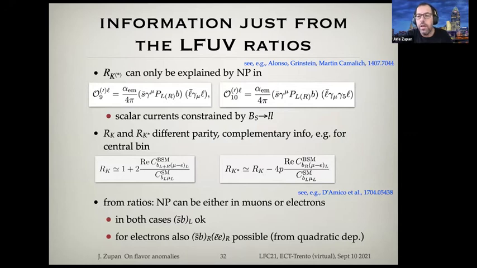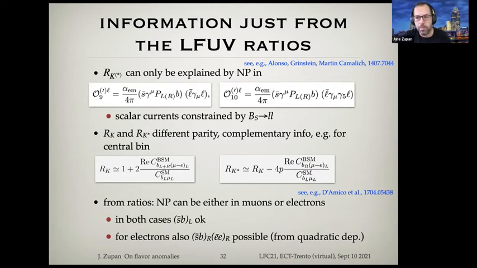Having a vector meson and a pseudoscalar meson in the final state is very useful in order to get to the chirality structure of the new physics. I'm just showing these two operators, O9 and O10. The primes here would be if you have a V plus A current on the quark side, while the scalar equivalents are already excluded by B sub S to mu mu.